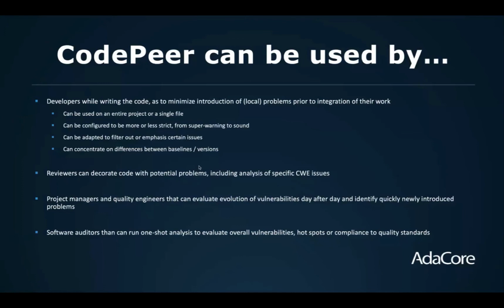If you move to level 1, it kicks on the CodePeer engine, but it only does analysis on a subprogram by subprogram basis. So it does not look at the interaction between subprograms. Again, this is a time you might want to do your analysis. Let's say you're going to commit some code, or you want to look at the quality of your code before a peer review.